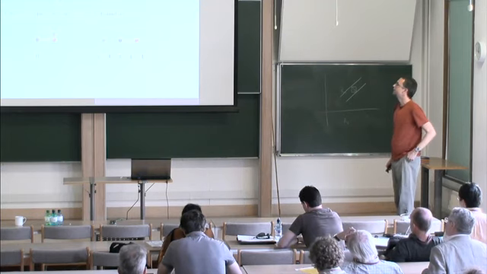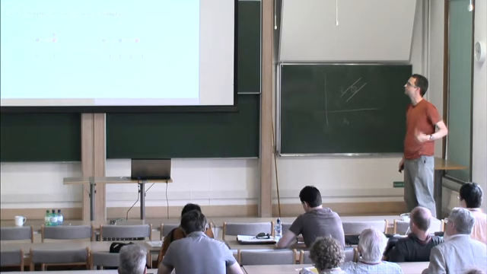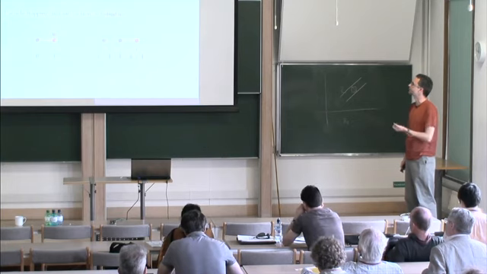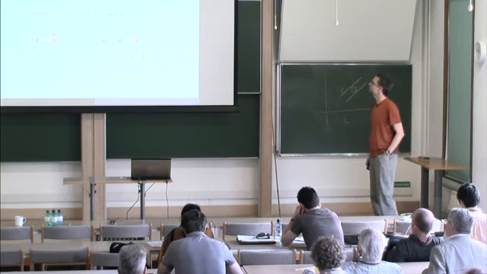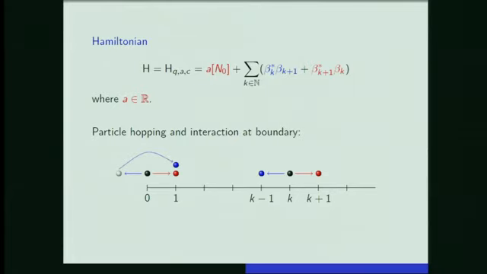Okay, so here's the Hamiltonian. We have the Fock space, and we have the creation and annihilation operators. To have dynamics, I need a Hamiltonian, and it's just a standard quadratic Hamiltonian. The blue part moves the particle to the left, and the red term moves the particle to the right. At the boundary you also have this diagonal term proportional to the number operator, which has to do with the boundary condition.